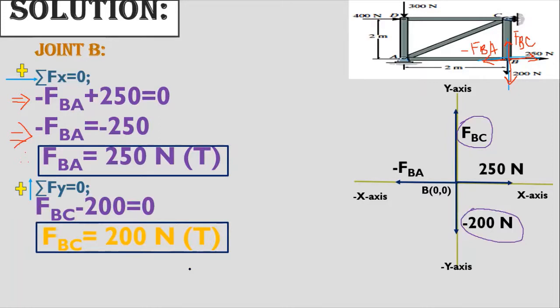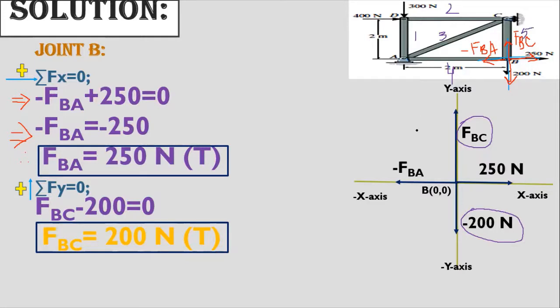So how many member forces do we have to calculate here? Count it. Let me tell you how we can calculate it. So this is 1 FAD, 2 FDC, 3 FAC, this is 4 FAB, and this is 5 FCB, or you can say FBC.